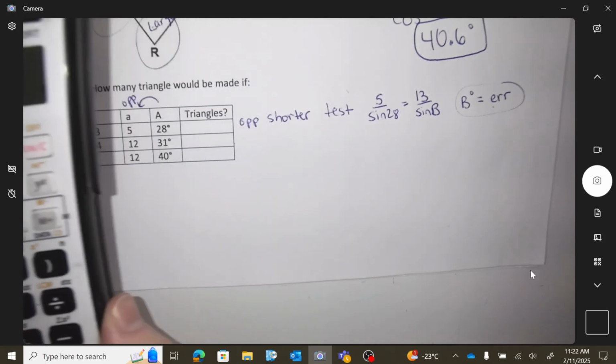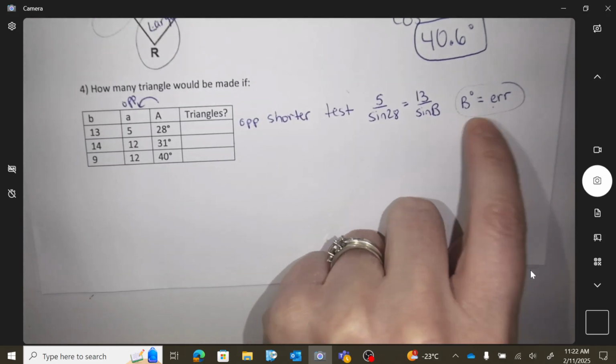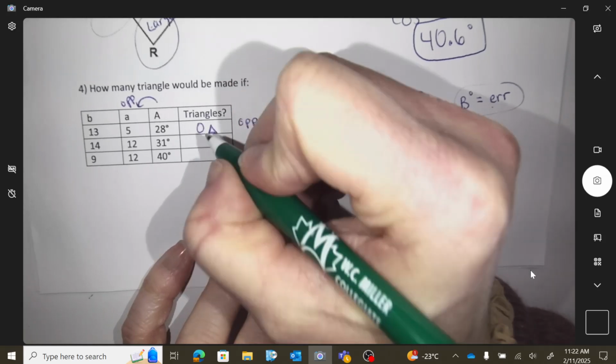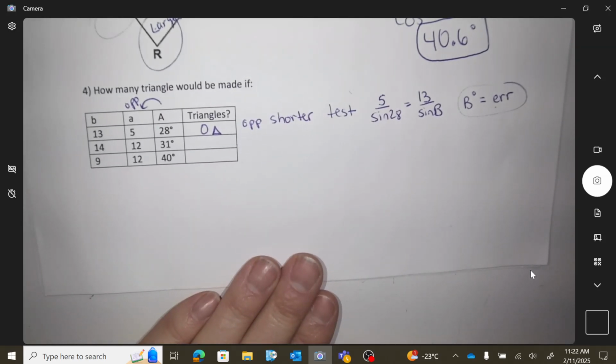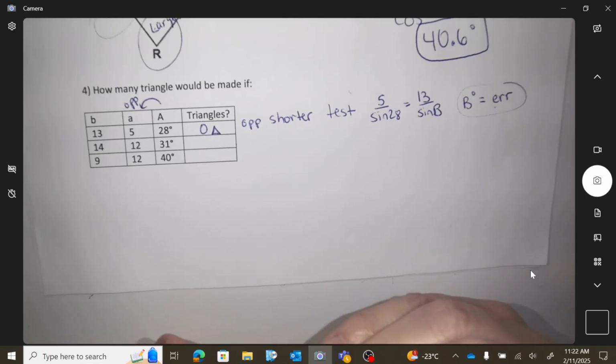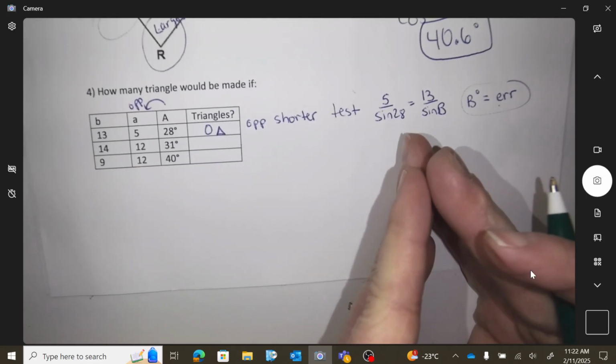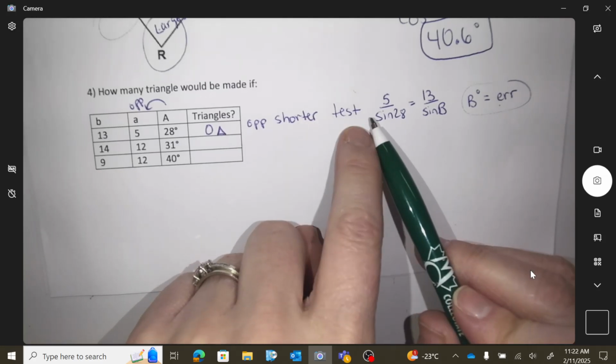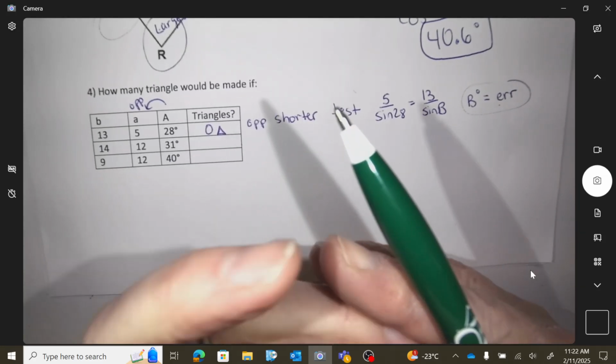Okay, you got to push the sine inverse, right? Sine inverse yet? An error? Okay, so boom, no triangles are going to be there. So on your test, I will say how many and why. So 0 triangles, why: opposite shorter, test, error. There's my explanation.